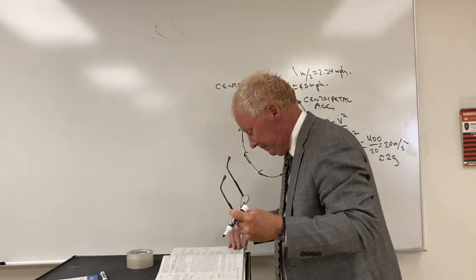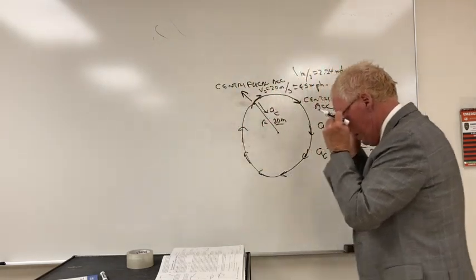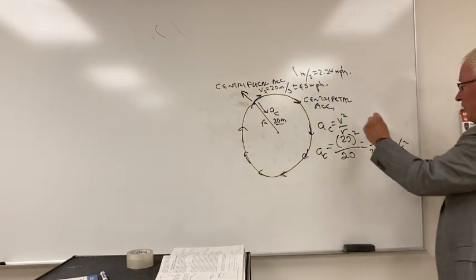Okay. So given this, it's v squared over r.